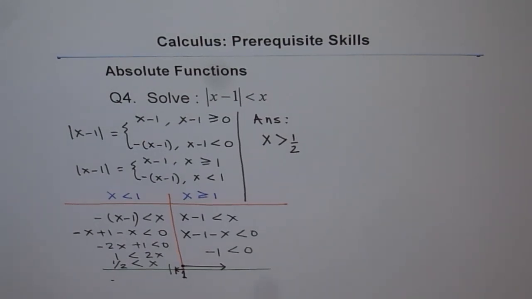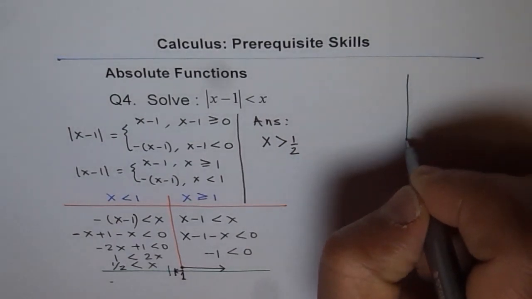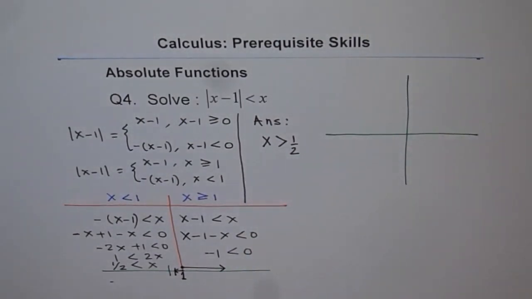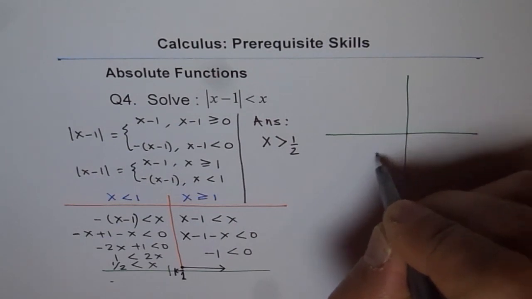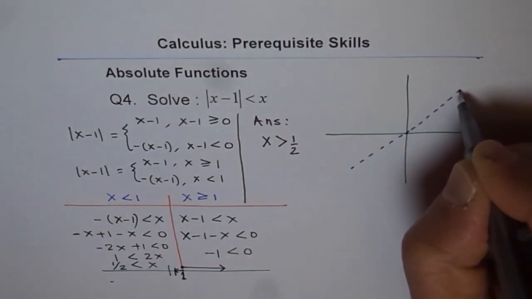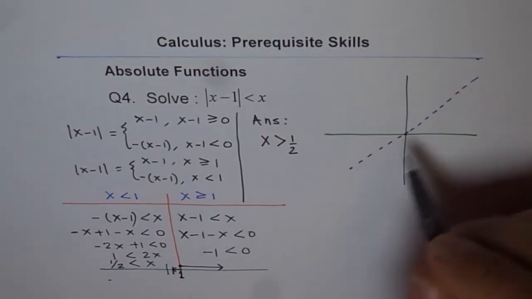Well, we could have got this solution graphically also. It may not be that accurate, but it will give us a fairly good idea of the answer. Now, y = x is a line like this, where it diagonally bisects the coordinates.